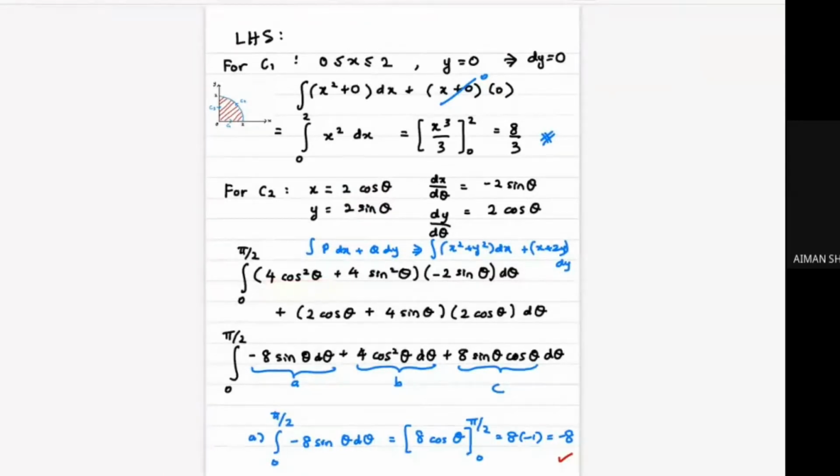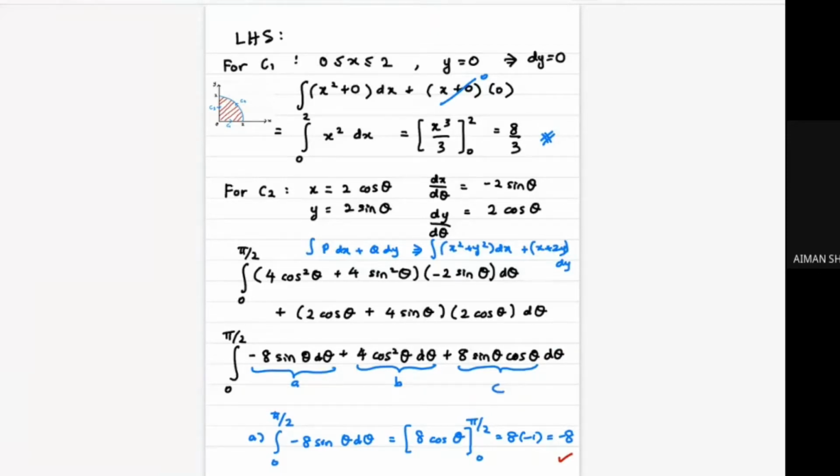So this is your x squared, this is your y squared, and this is your dx, and this is your x, this is your 2y, and this is your dy. Substitute all these and then simplify, you get this part.